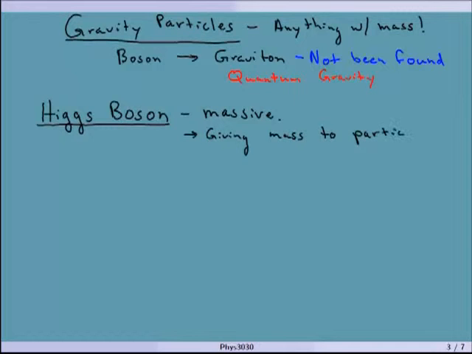In the earliest versions of particle physics theory, most of the particles didn't have mass, or you put it in ad hoc, you just put in what the mass was. But the Higgs is the particle that gives mass to the particles.